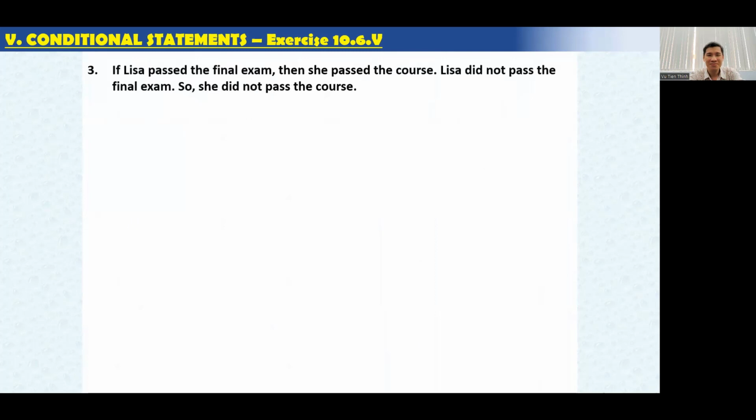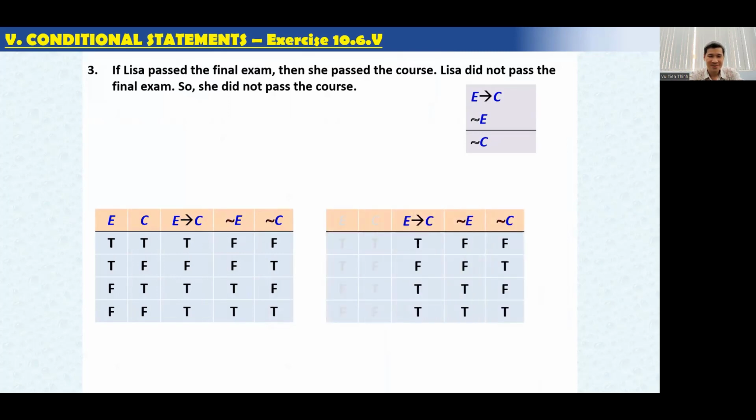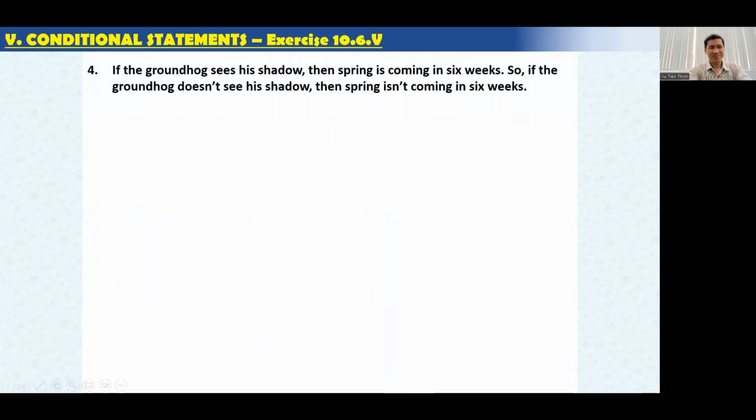Number 3. Pass final exam, pass the course. Not final exam, not pass the course. Again, 2 variables. Valid? Invalid. Number 4. 2 more to go.